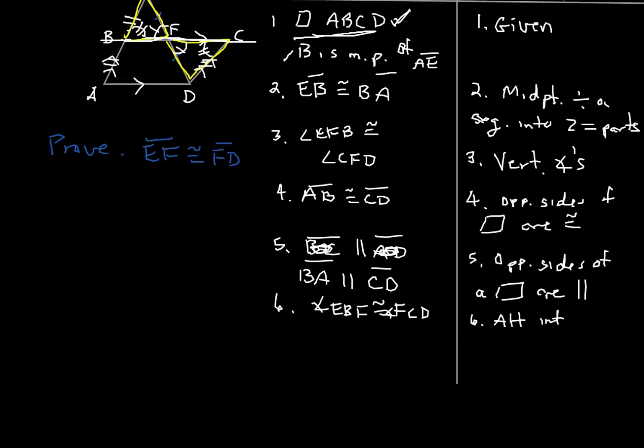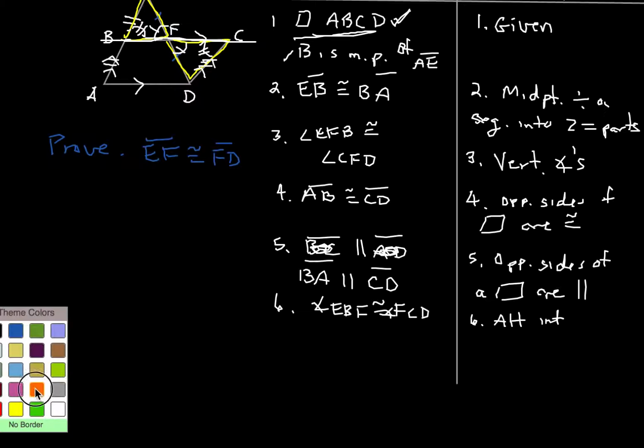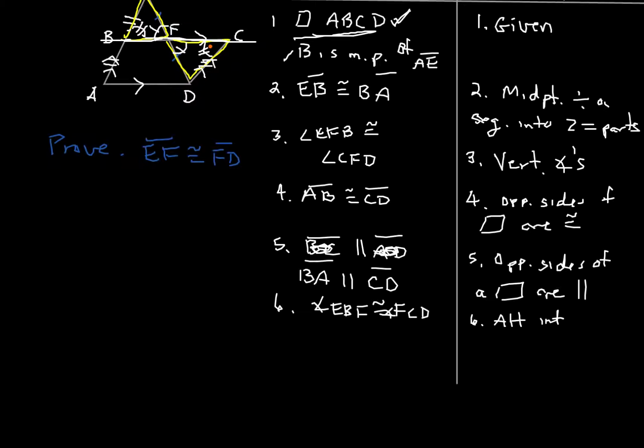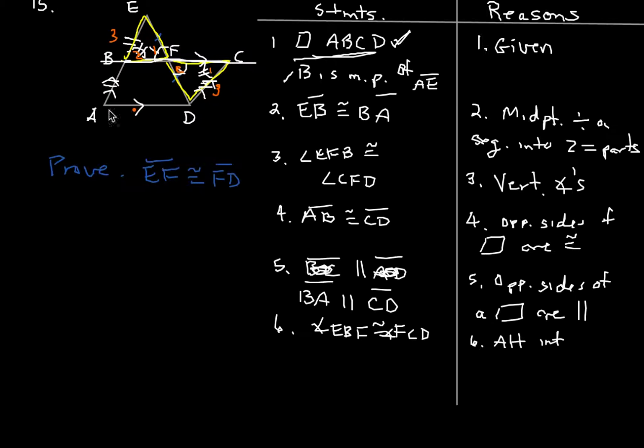Okay, so now let's see if we have all our parts. So we have an angle, and I can't even tell anymore, but a side, and we have an angle, and a side. So we haven't really said that CD is congruent to EB yet.